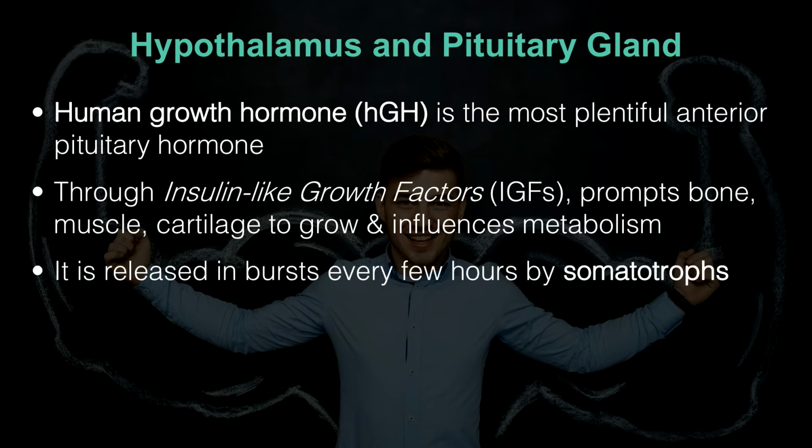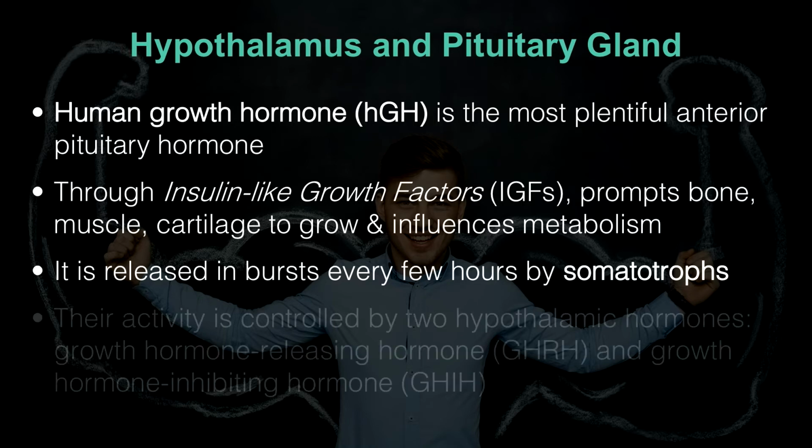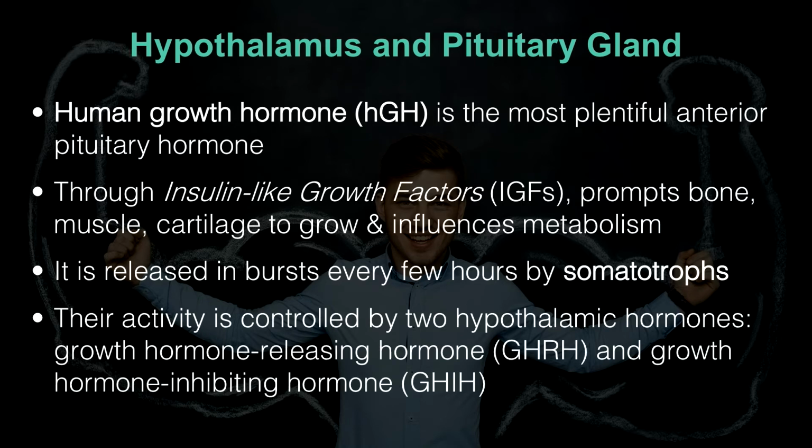But we already saw that it's released in bursts. I showed you that trace. And I already mentioned to you that, like the other hormones in the anterior pituitary, it responds to inhibiting and releasing hormones: growth hormone releasing hormone, and growth hormone inhibiting hormone.